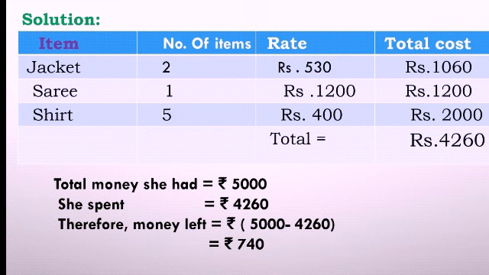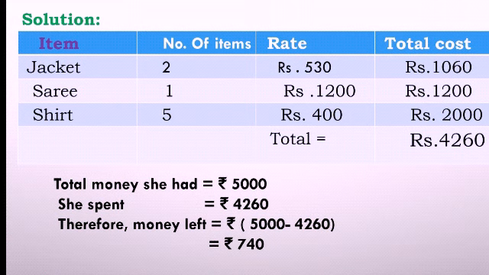One shirt costs 400 rupees, so 5 shirts cost will be more. More means multiplication. To get less, we have to divide. So we multiply, and after multiplication we get rupees 2000. So the total cost is 4260 rupees.